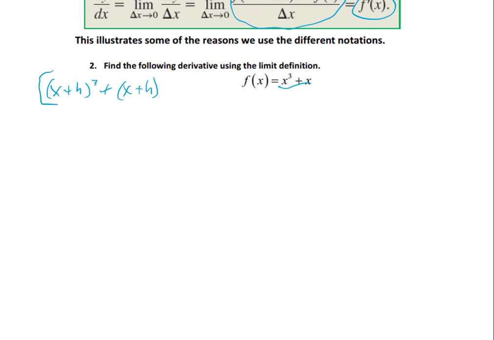So there's my y2 version of it, minus the y1 version of it, which is just x cubed plus x. Okay, I'm going to cube this right here. Now you can do it by foiling, and that'll work. Or you can use a technique that, if you're interested, we're looking for the limit here.